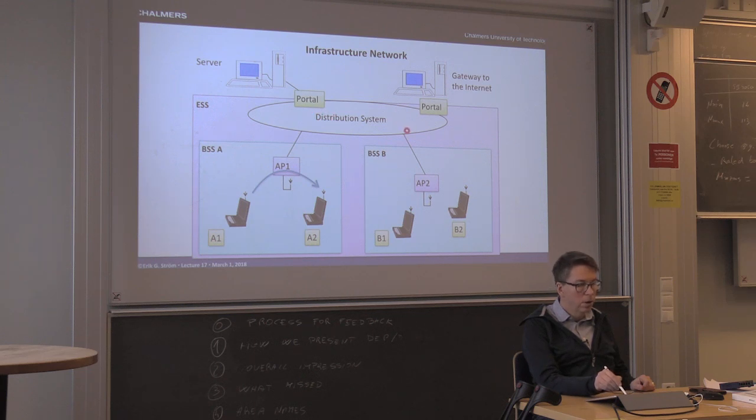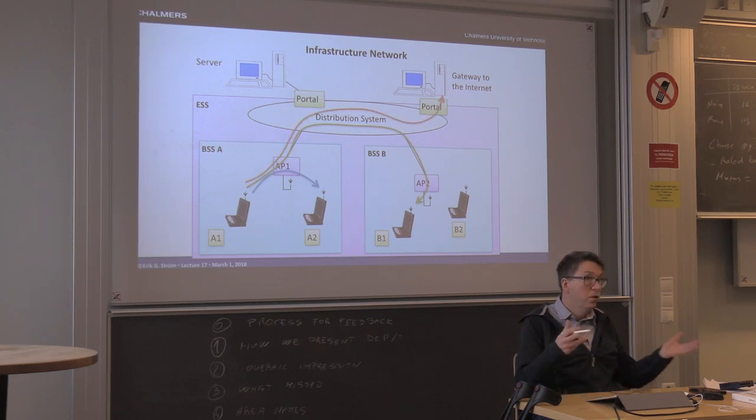Data can flow within a BSS, then go to another station attached to another BSS, or go to the internet. All of this is transparent to the node itself. It does not need to know whether the destination is attached to the same BSS or not, or if it's attached to the internet.